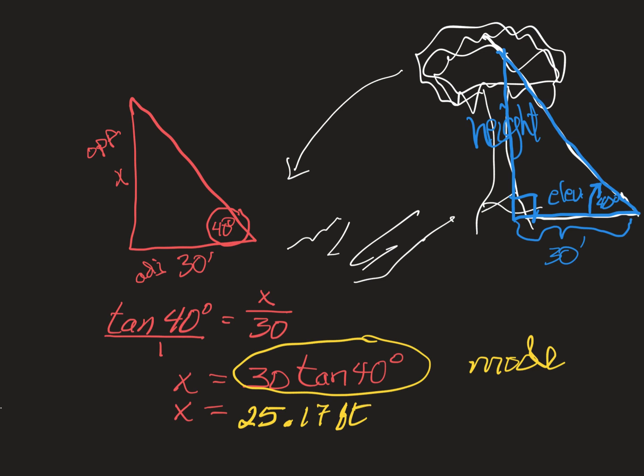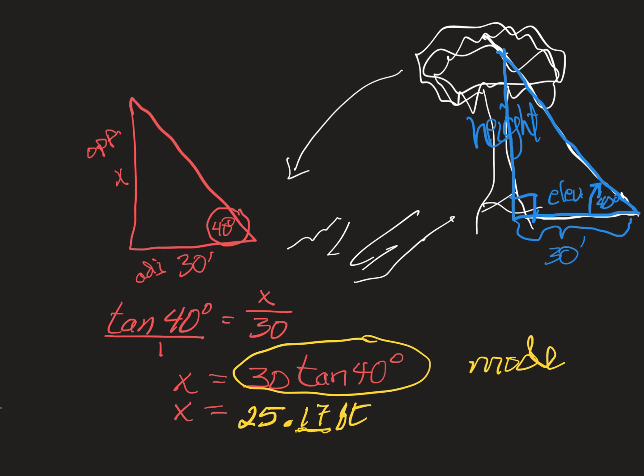Now, if you were doing this on a quiz, they might tell you to round to the nearest hundredth, or the nearest tenth or the nearest thousandth. Whatever they tell you to round to, make sure you do that. That's an important part of what happens in trig quite a bit, is we need to round.